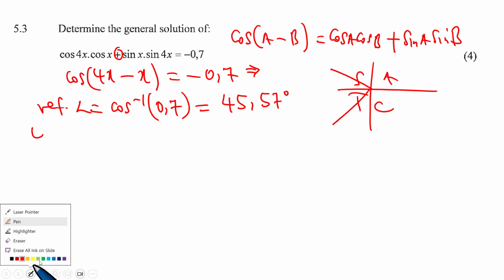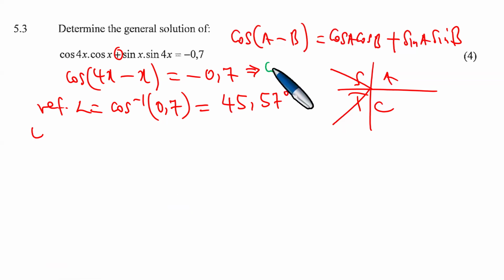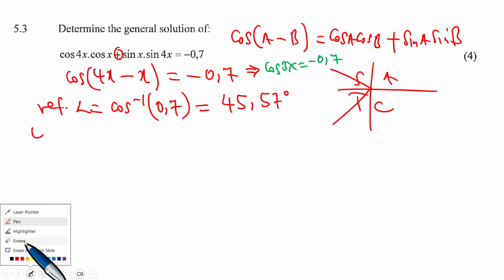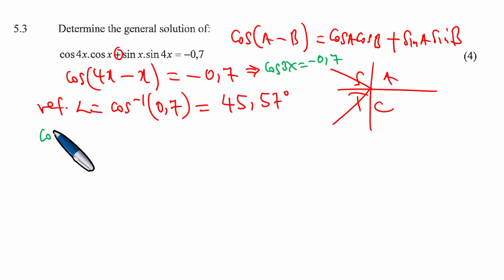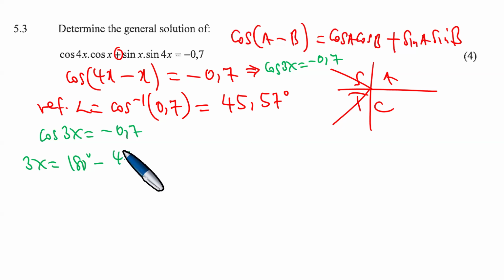For example, this is the same as the cosine of 3x equals minus 0.7. And therefore, we're going to deal with those two quadrants. So now dealing with the second quadrant, it's going to be 3x equals 180 degrees minus 45.57 degrees.